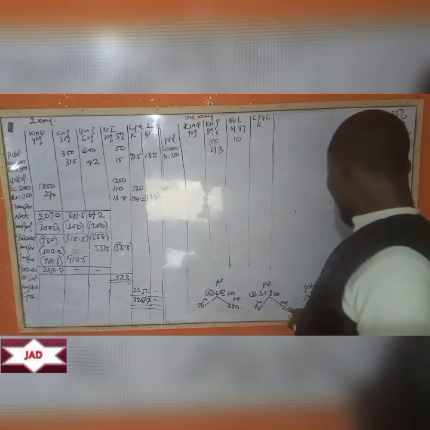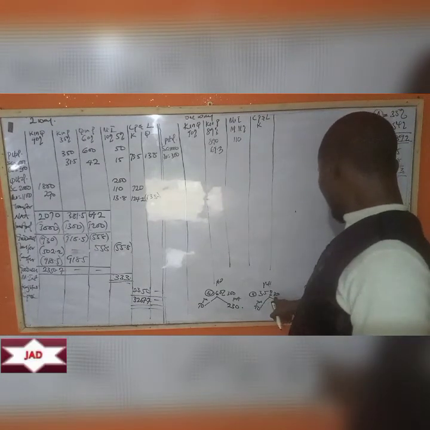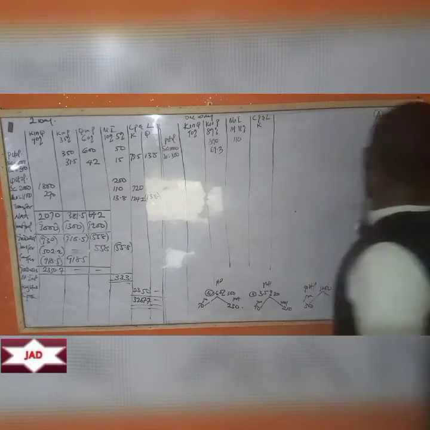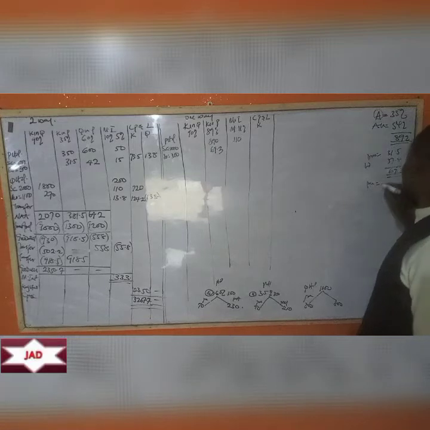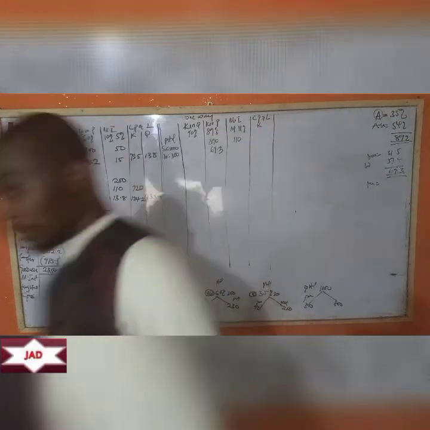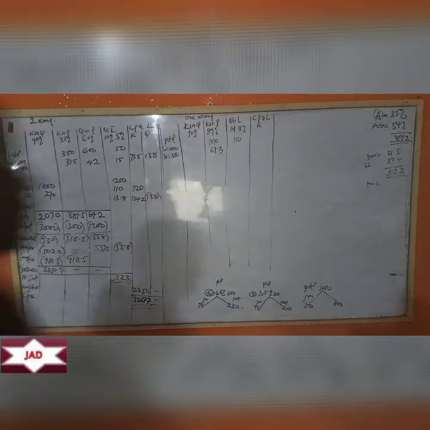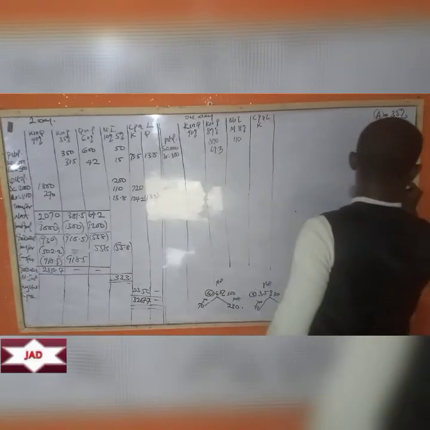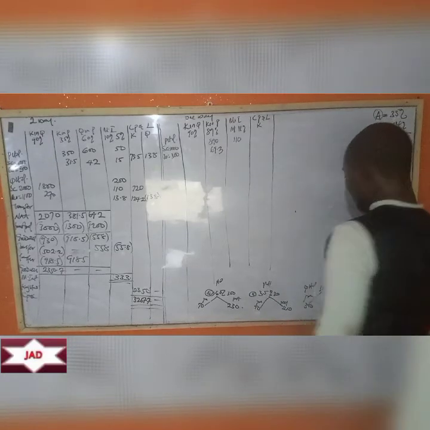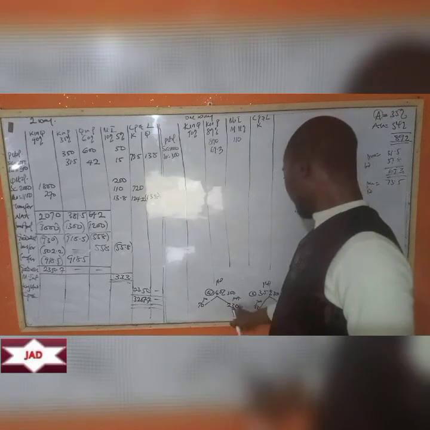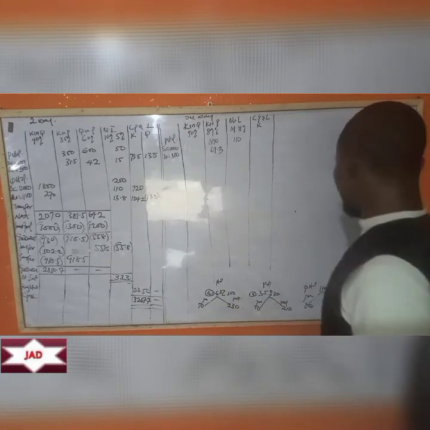So what's the post? Of course, the post here will be 35% of 210. Directly, 35% of 210. So what do you have? 0.35 times 210. 73.5. So indirectly 54% of 230.